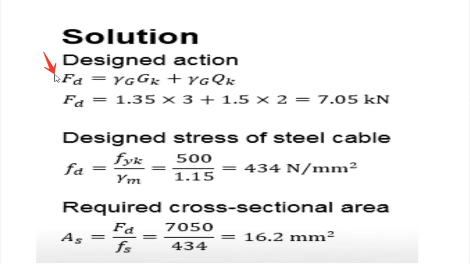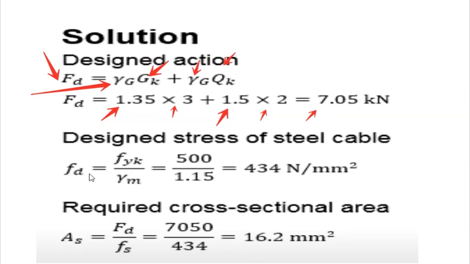The design load, once you consider the action, means you take the value times the partial safety factor. Now the dead load is 1.35 times the dead load, and the imposed load, or the action load, is 1.5 times the load. So the summation gives you the design load.